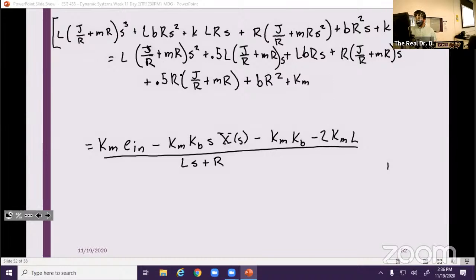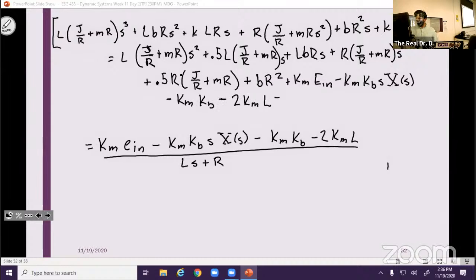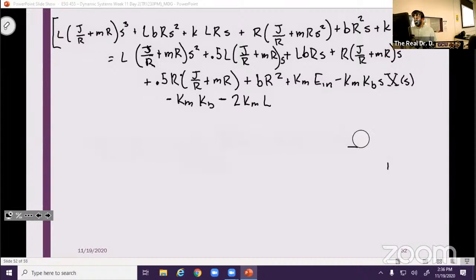And so this should be capital, right? So there it is.